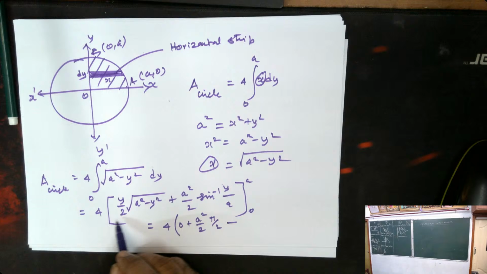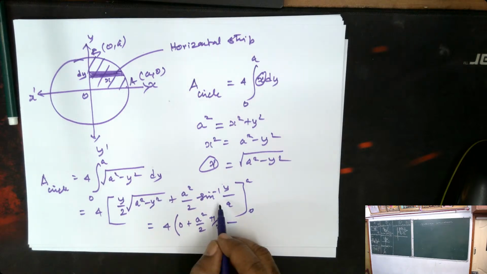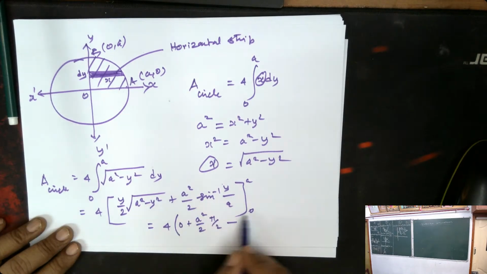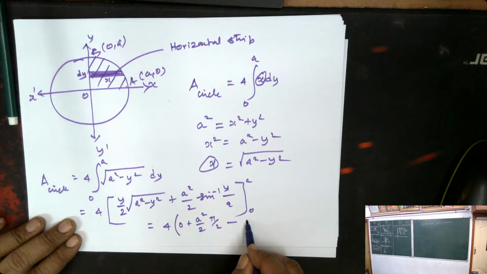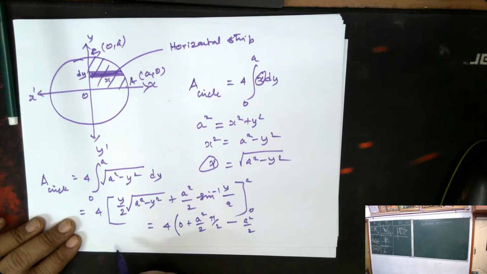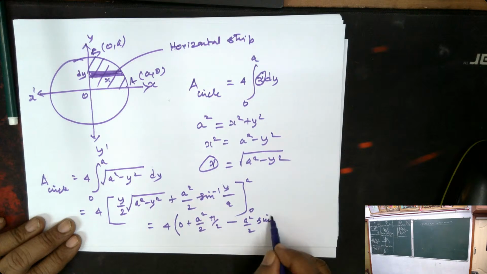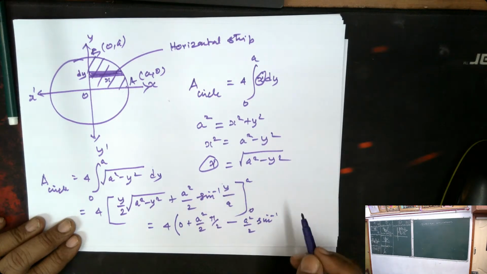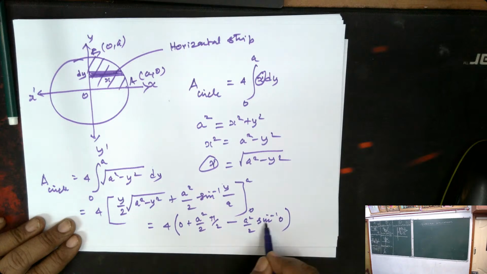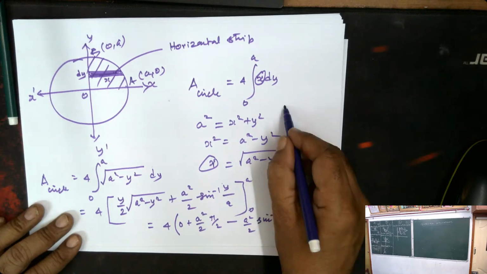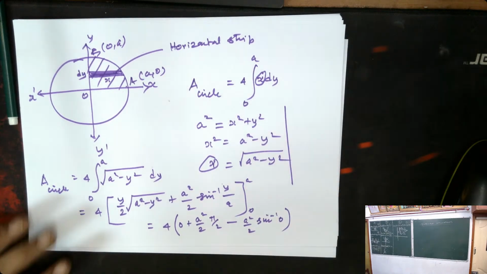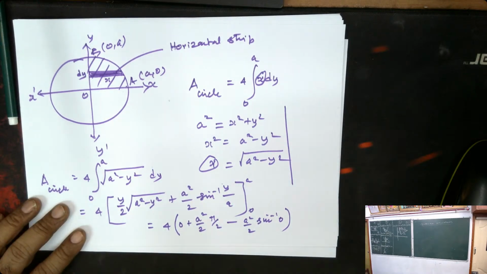So y is equal to 0 means y by 2 means 0. So the entire first term is cancelled. It becomes 0. Then a squared by 2. So in this case sine inverse of 0, because y is equal to 0, 0 by a is equal to 0. So sine inverse of 0 means 0.